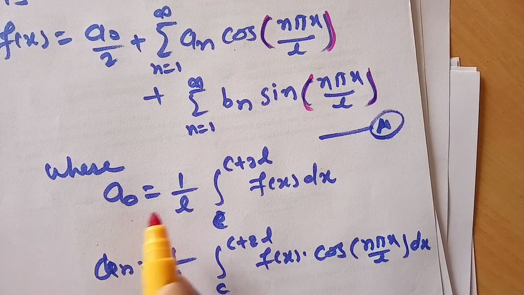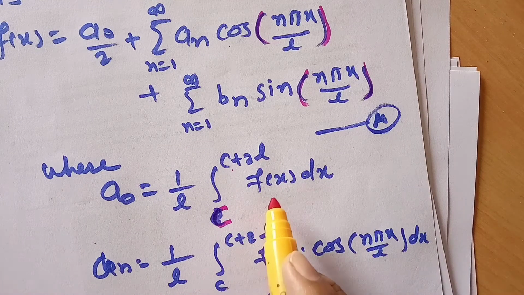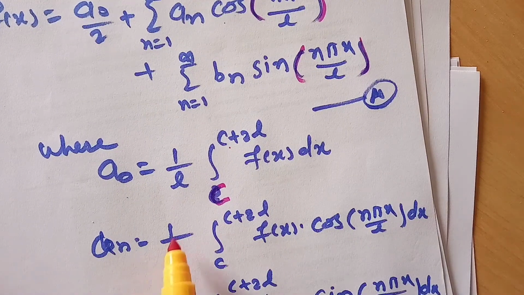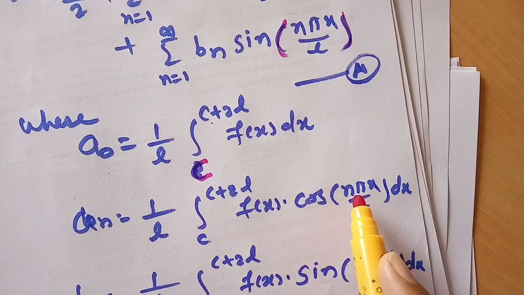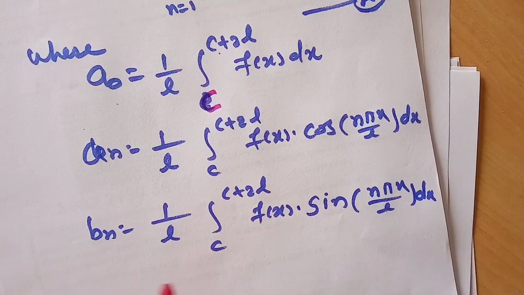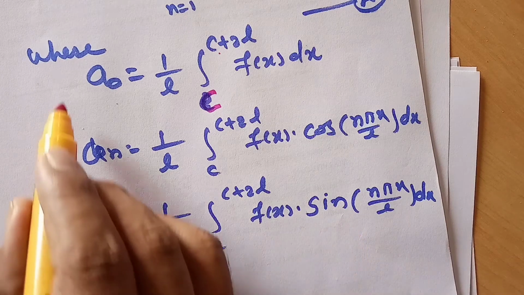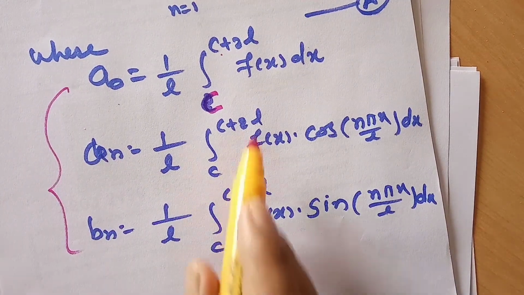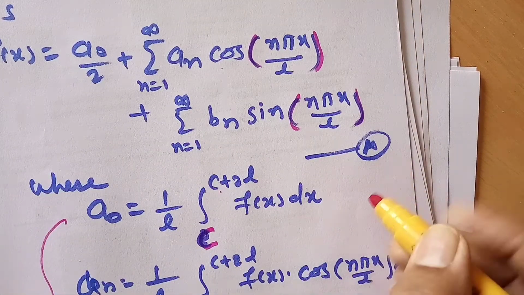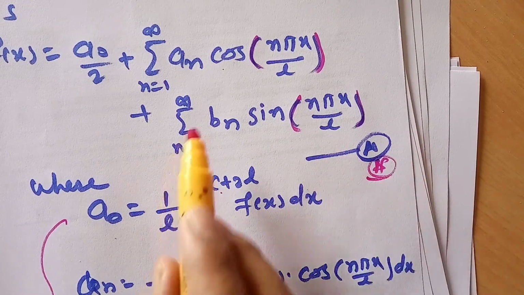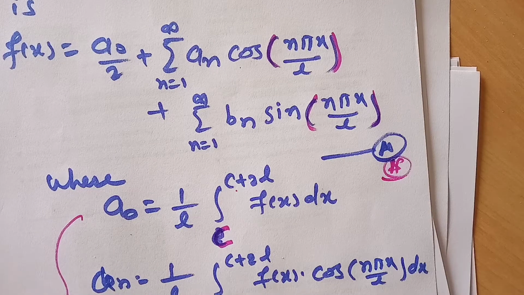How do we find a0? 1 divided by L integration c to c plus 2l f of x into dx. a_n is equal to 1 upon L integration c to c plus 2l f of x into cos of n pi x divided by L into dx, and b_n equal to 1 divided by L integration c to c plus 2l f of x into sin of n pi x divided by L into dx. These are the Fourier coefficients, and we can find them in this way. If we find these Fourier coefficients and put them in equation star, then we get the Fourier series expansion of that function.